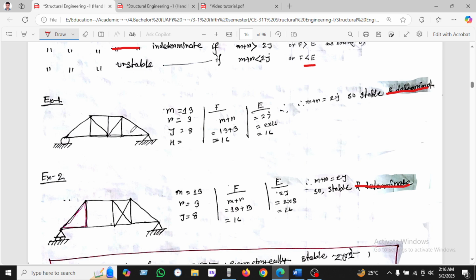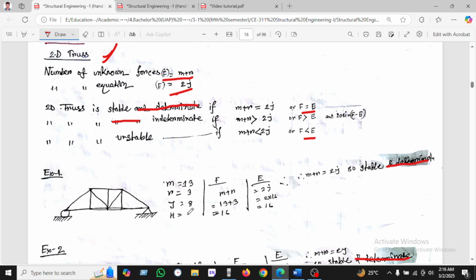As usual, we have the members and forces. Counting the members: 1, 2, 3, 4, 5, 6, 7, 8, 9, 10, 11, 12, 13. If I made a mistake, let me know.